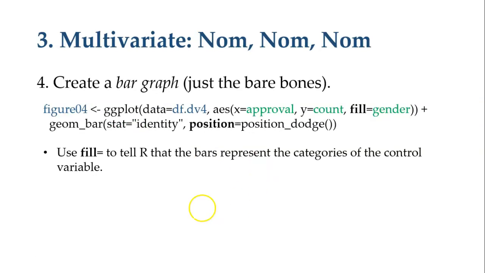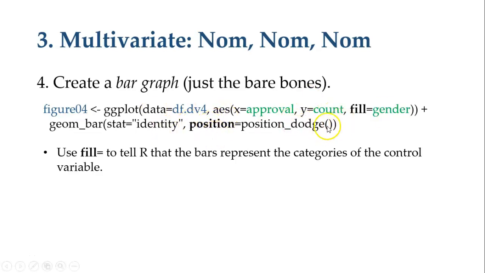The only difference here is that you need to use this function called fill. Here you say fill the bar graphs with the values of your control variable, right? So there's gonna be one bar for men and one bar for women, okay? And maybe this is another difference.